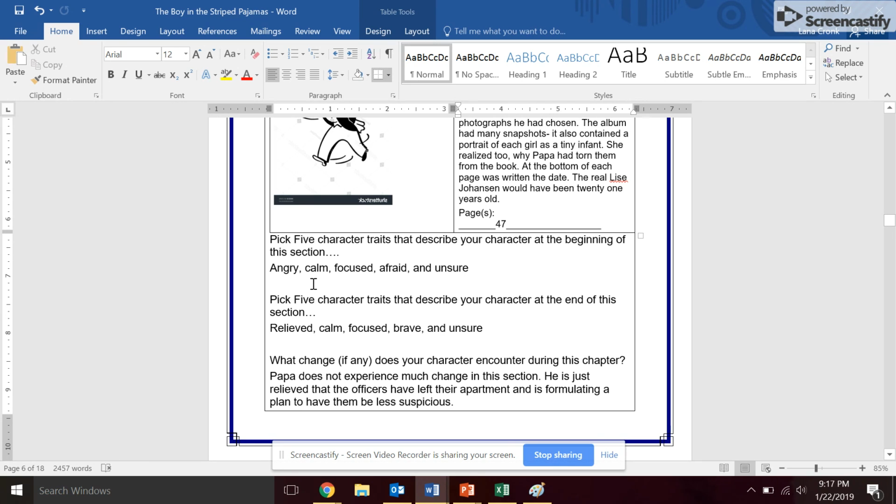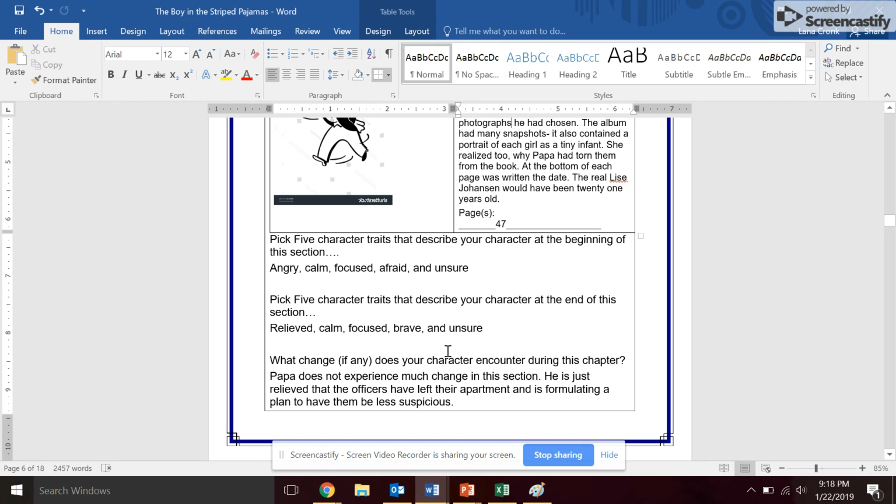He's kind of witty or quick with them, but he is still very calm. He's focused on the task at hand, which is trying to trick the officers. You can tell deep down he's afraid because you can put yourself in that situation and realize that would cause fear. And as the officers are coming in, he's unsure of what to do.